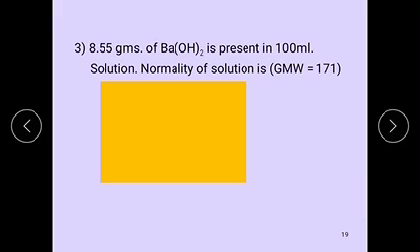A, 1 N; B, 0.1 N; C, 0.01 N; D, 0.05 N. This can be calculated like the problems we discussed, using N equals W by GEW into 1000 by V. When we substitute the values in that equation, we get the answer, 1 normality of the solution.